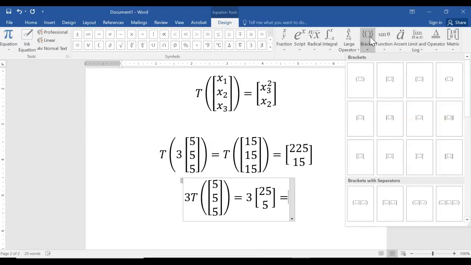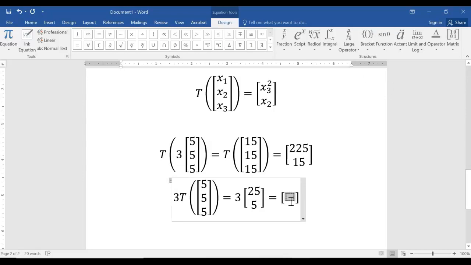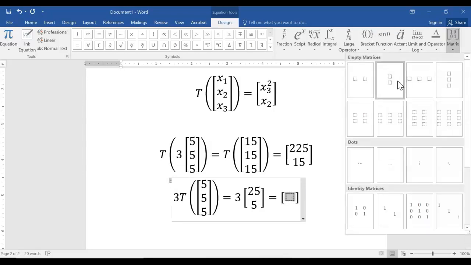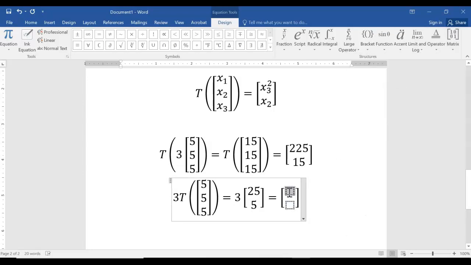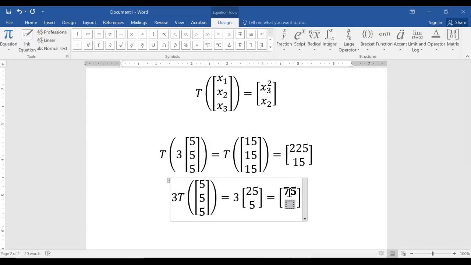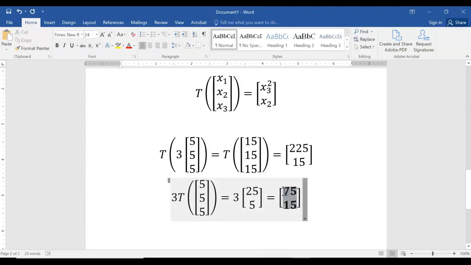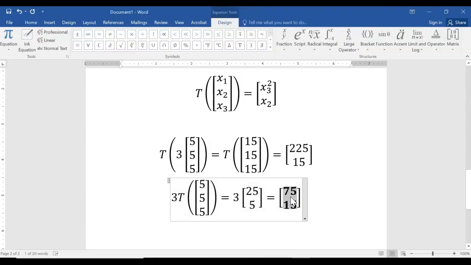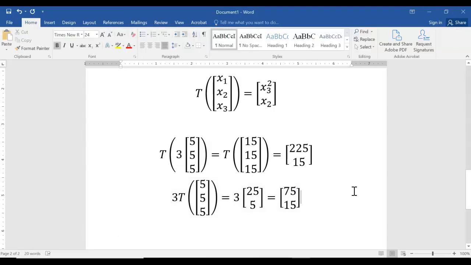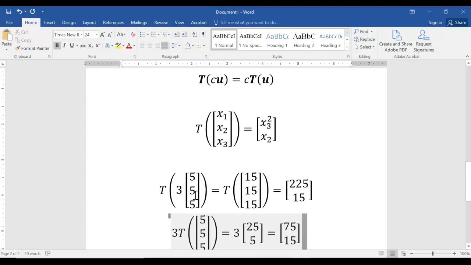And very easily, you'll see that these two vectors are not the same because that first entry is different. So multiplying by a 3 before you take the transformation gives you a different answer than multiplying by the 3 after the transformation.